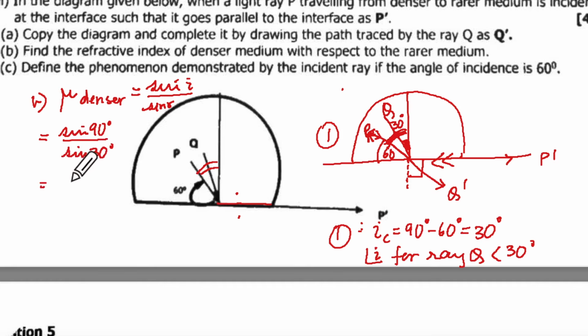Okay? So that will be 1 upon sine of 30 degrees, which is equal to 2.